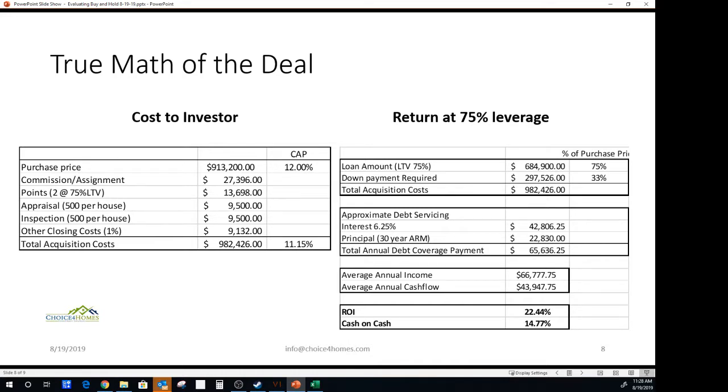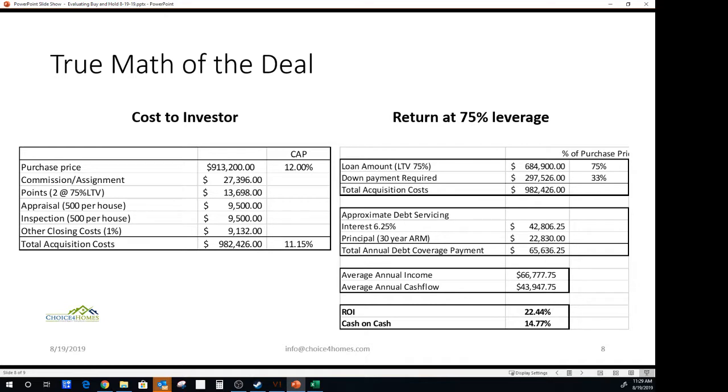But for simplicity, I'm just keeping it that way. That will mean that per year you would have to pay about $65,000 to the bank. That money is coming out of your pocket. Now, out of that 65, 42 is an expense, and 22 supposedly goes back into your own pocket.